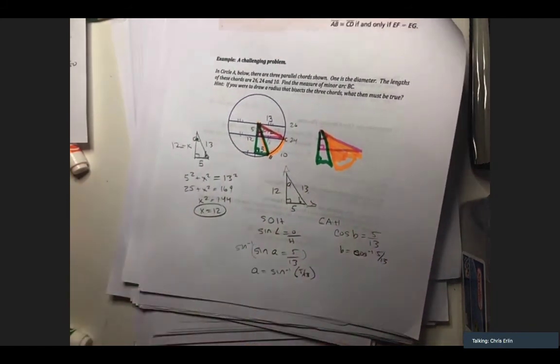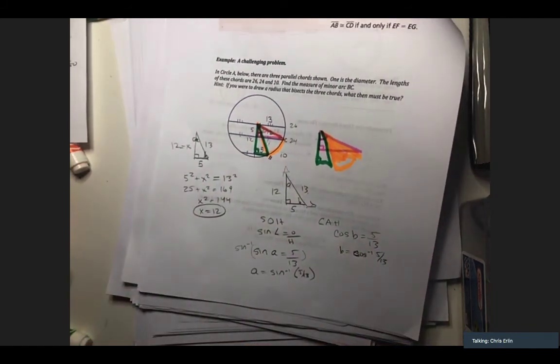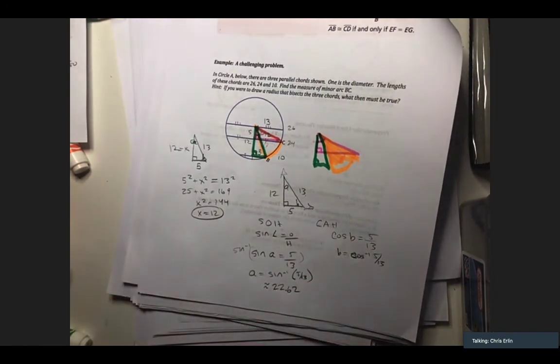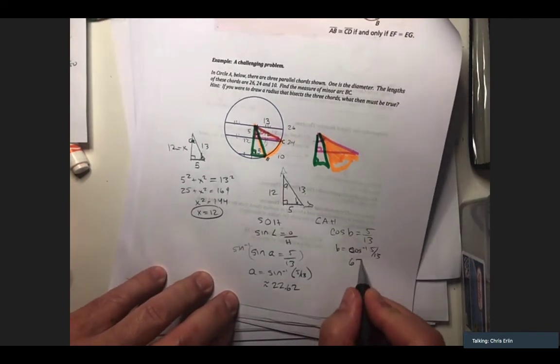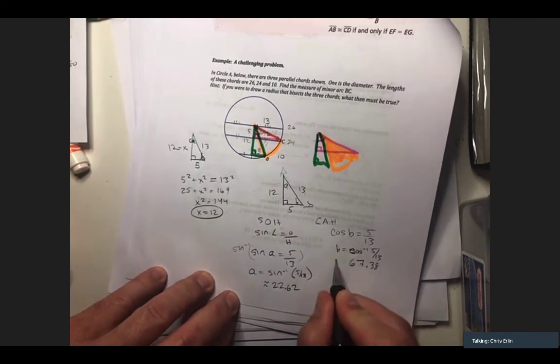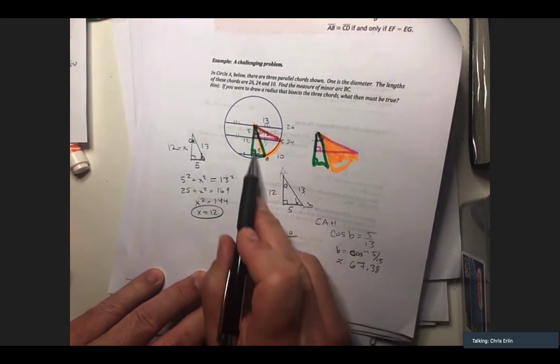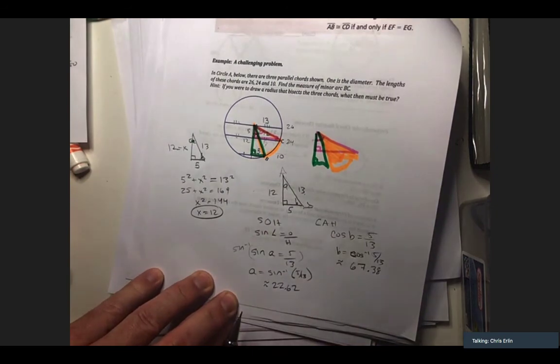If I plug this into a calculator and get a decimal approximation, this comes out to be about 22.62, whereas the other angle is about 67.38. Not surprising that they're complementary, they add up to 90 because they're the two non-right angles in a triangle.